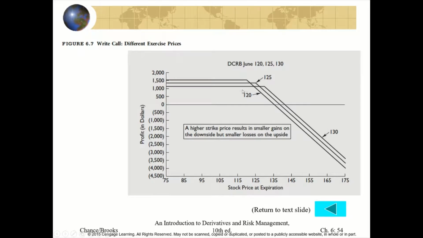That's why investing in a short call option with the lowest strike price will result in the highest gain, but also in the highest loss.